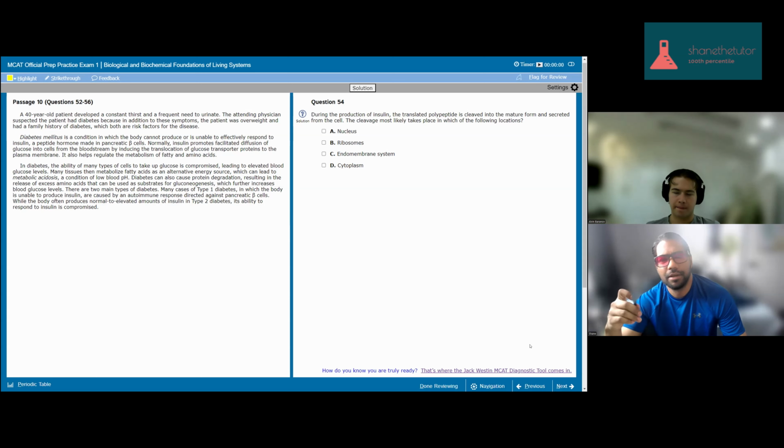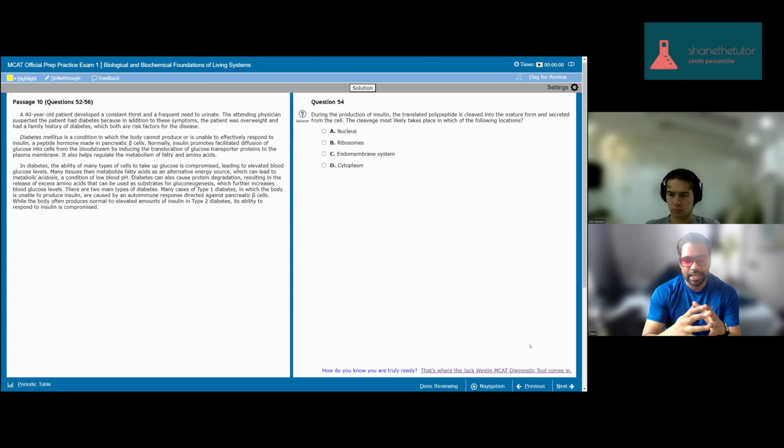So they're asking where something gets cleaved. Ribosomes, compared to the nucleus, the endomembrane system, the cytoplasm, what makes that different?